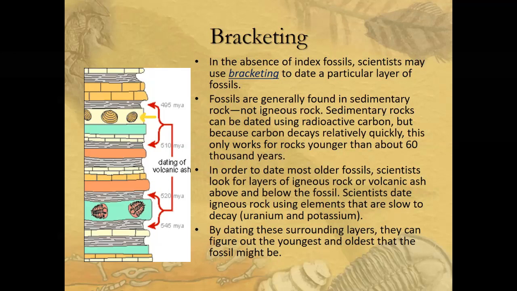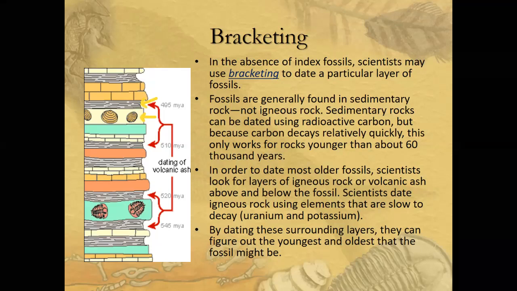But what we can do is look for something like this rock layer, which has maybe a lava flow or something that has high levels of those materials, and something similar here. And when we take a look at this, we can get actual dates for this rock layer and actual dates for this rock layer.